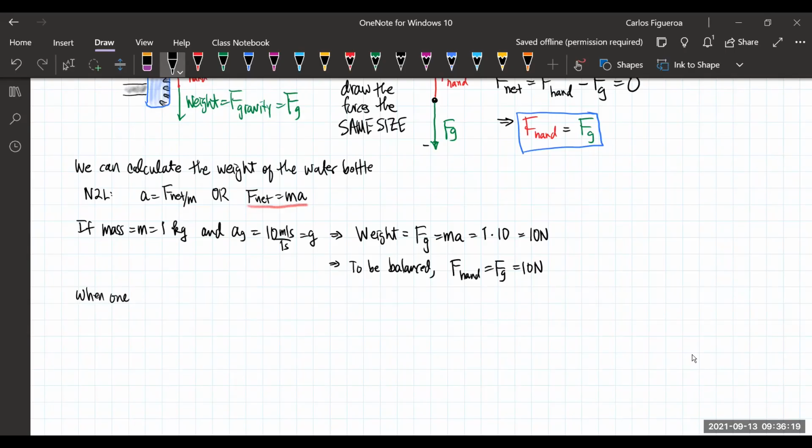When one hangs a picture frame on the wall, there are two possible ways to do this.